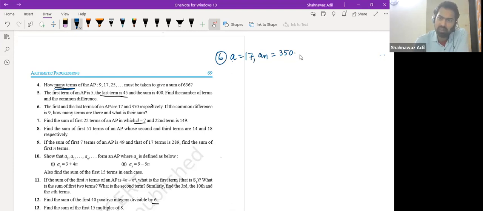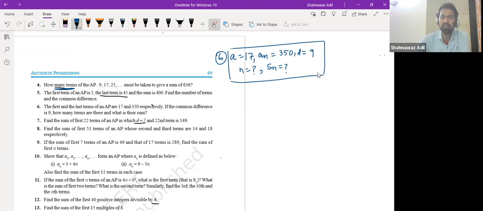And d is also given, which is 9. So we have to find out how many terms are there. So we have to first find out n, and then Sn we have to find. This is the question, right, Rifa?